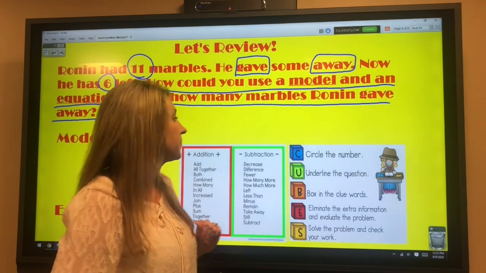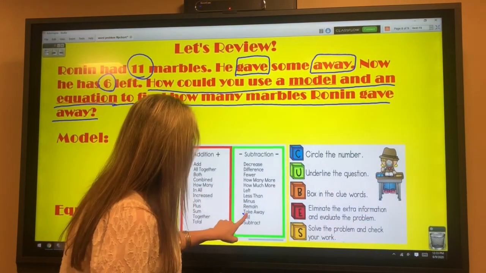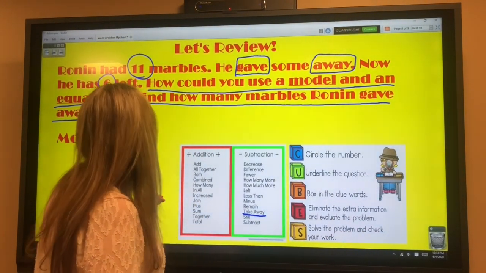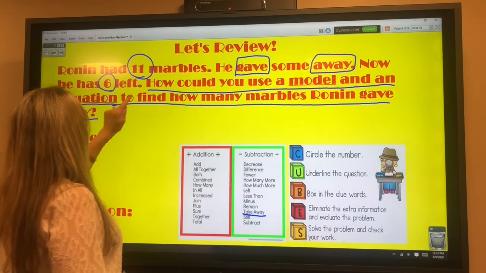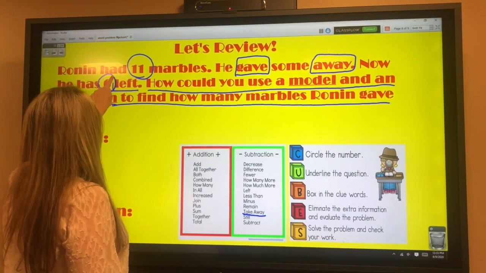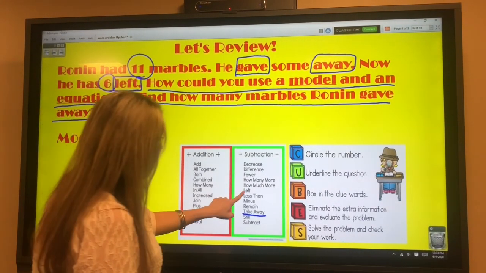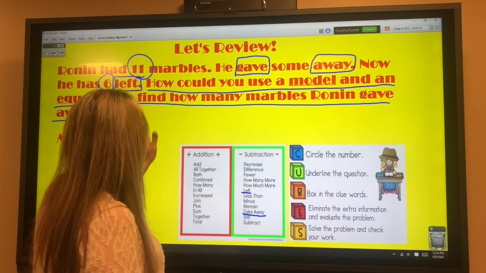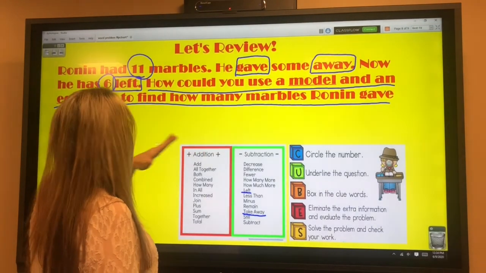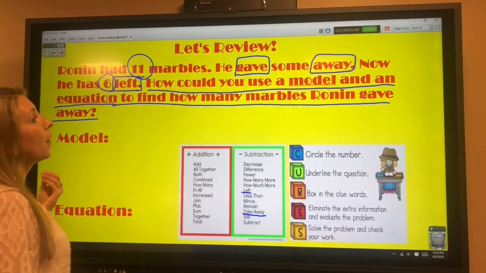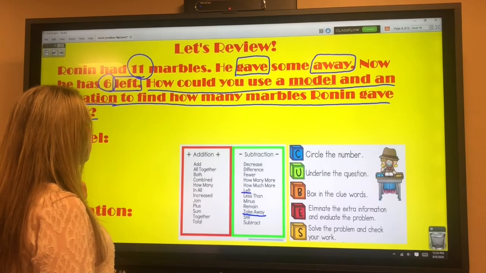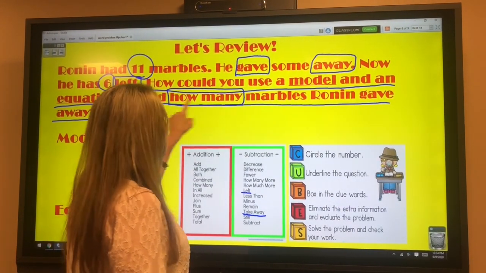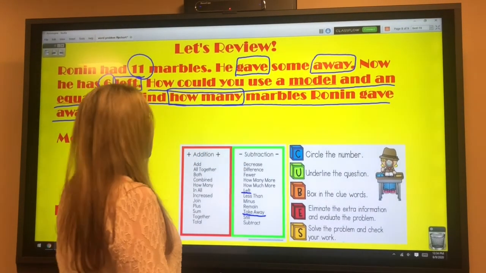That's important. So I see that take away is here, so I'm going to remember that whenever we're looking at our keywords. Now he has 6 left. I see that that word left is one of our keywords. And then in our question, how could you use a model and equation to find how many marbles Ronan gave away? So this is what we're looking for. How many marbles Ronan gave away?